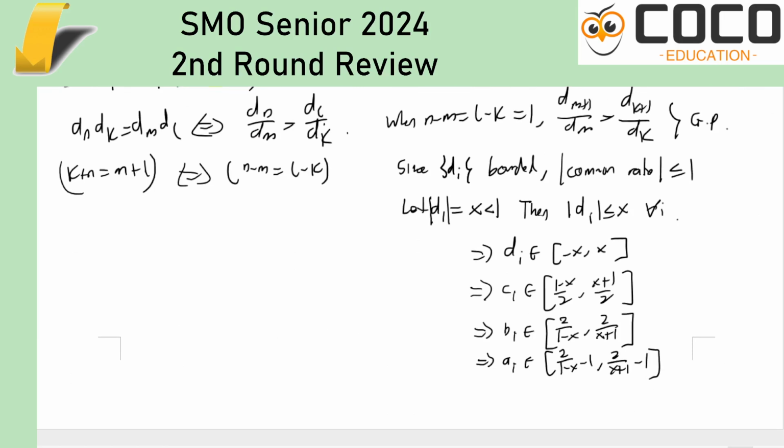And so this will be my bound, right? I was trying to establish that A is bounded, and I have done it. You can see that since X is less than 1, this is going to be defined because X cannot be minus 1 or 1. You can also easily check that they are both going to be positive. And so they will be your B and C respectively in the original problem statement.